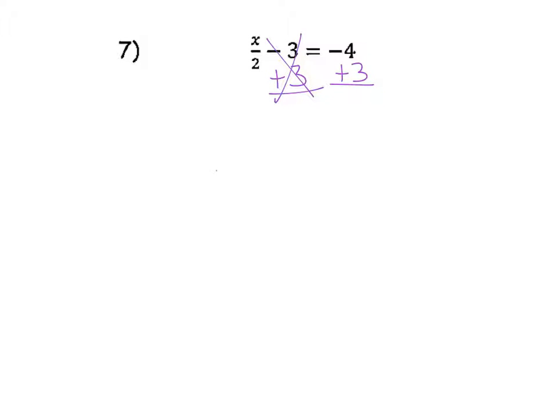Okay. X divided by 2 is all alone on the left. A negative 4 and a positive 3. Negative 1. Okay. 2's on the denominator. So, get rid of the 2.